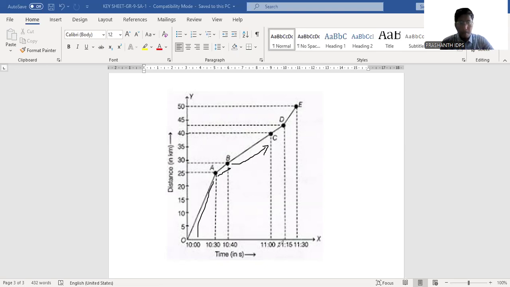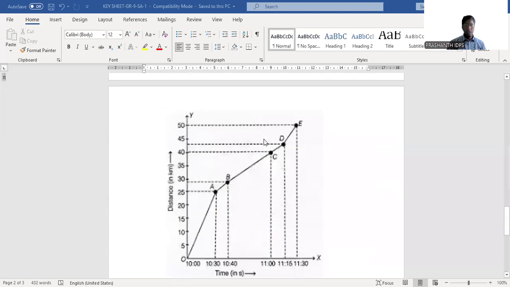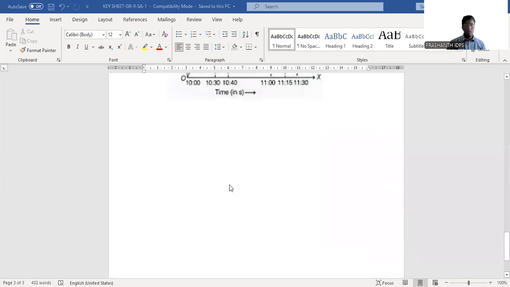But here, if you observe the slope, the train is traveling very slowly. If you observe from 11 to 11:15, the slope is minimum, which means the train is traveling slowly. So the answer will be 11 to 11:15. As the slope is minimum, the train will be traveling slowly. This will be the answer for this question.